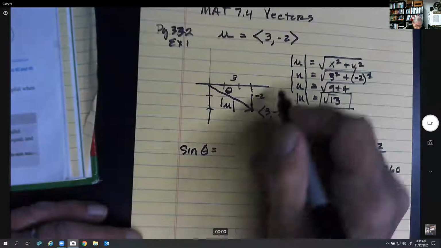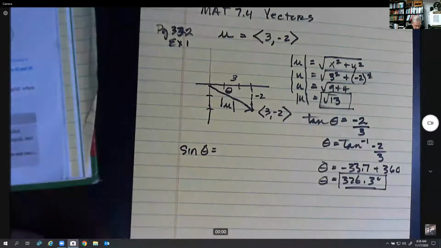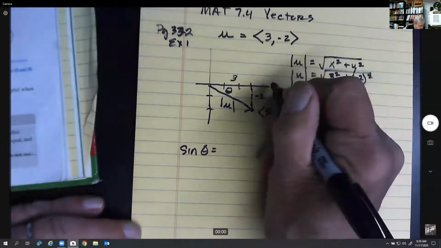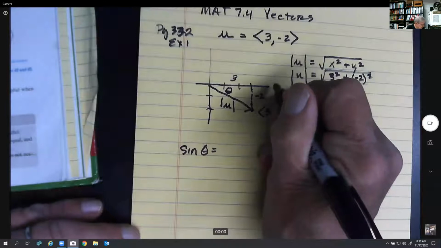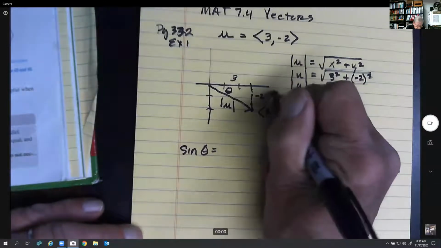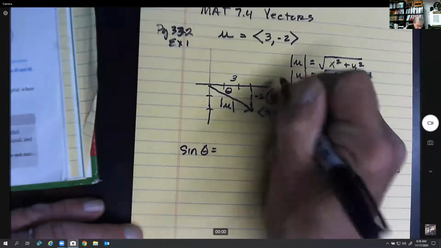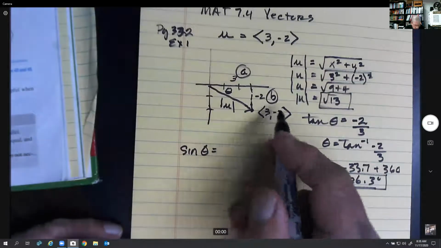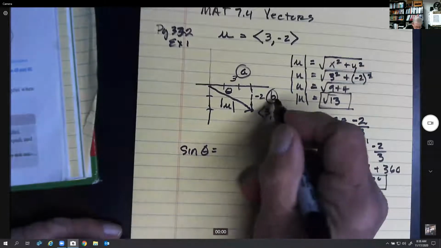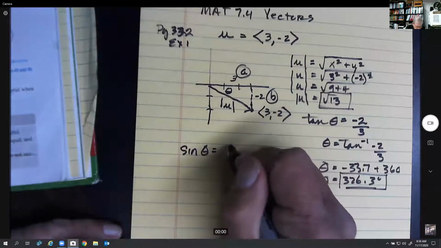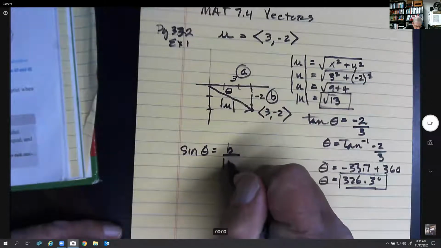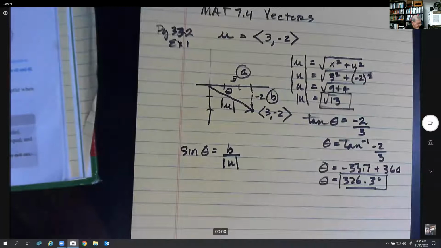The sine is equal to the opposite side, which is, they're usually calling this side B, and this is side A, okay? So in the book, they're referring to this as B. So what is the sine? The sine is this over the magnitude, U.